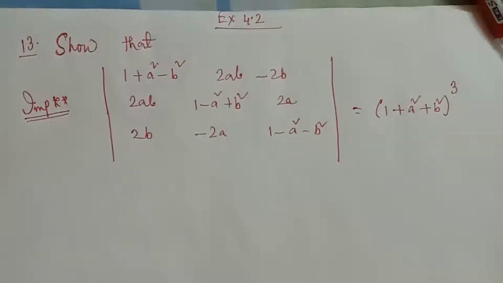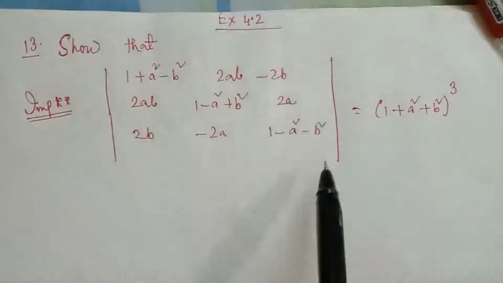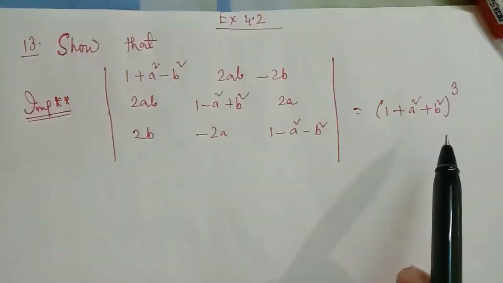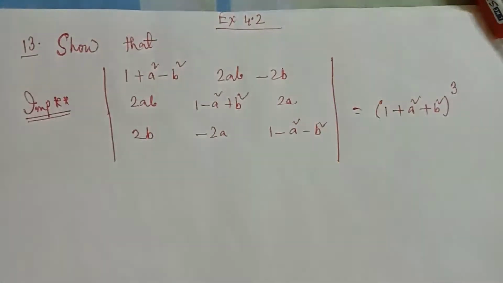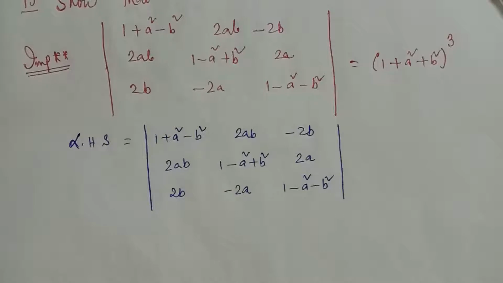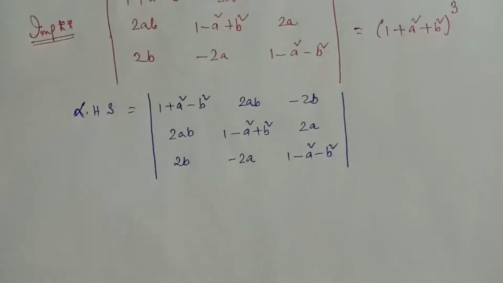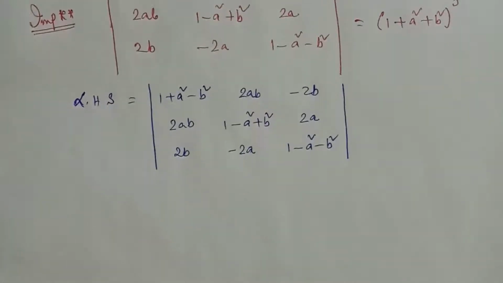Here we have to prove the value of this determinant is equal to (1 plus a square plus b square) whole cube. Let us start from the left hand side. Now look at the question carefully. Our aim will be to bring zeros in the determinant.